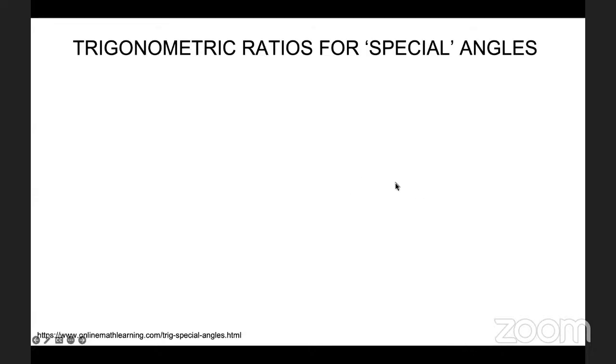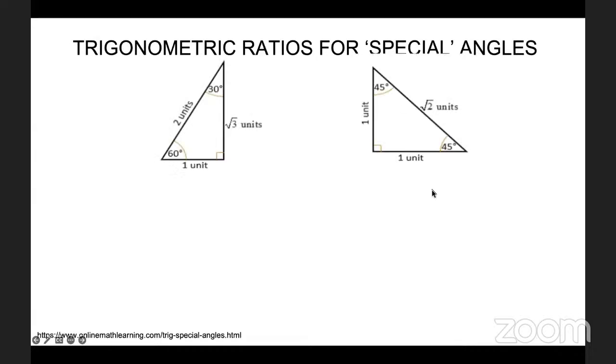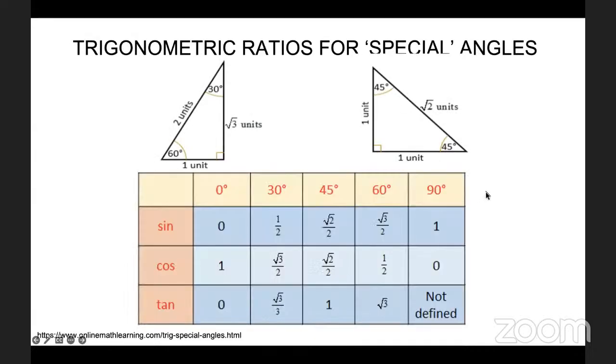Trigonometric ratios for special angles. All right, so here we are, and we're just going to go through this quickly because we would have explored some of this in our previous slide. We have a triangle on your left labeled 30, 60, 90 degrees, and you can see the labeling of the sides.